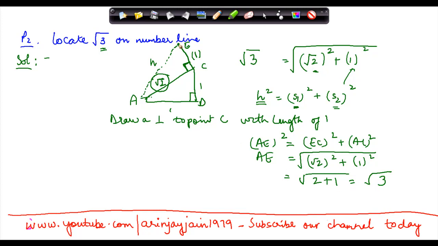So I now know that the length of AE, which is this particular line, is equal to under root 3.